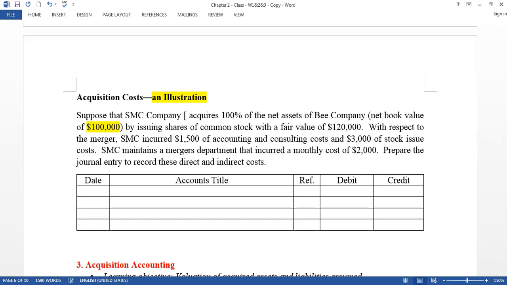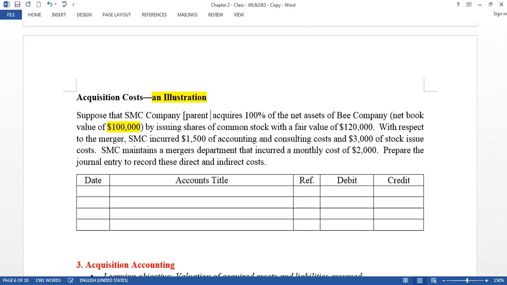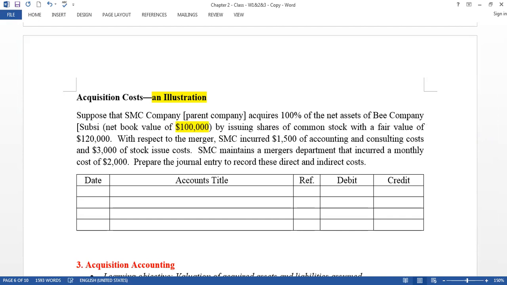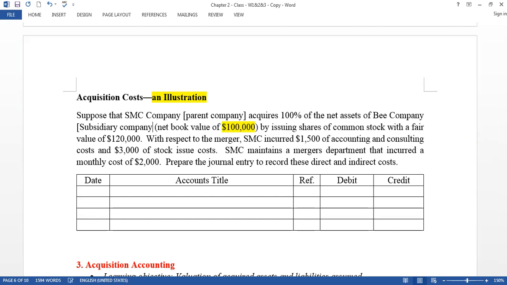I repeat again here, SMC is the parent company, and B company is a subsidiary company. So the subsidiary company's book value is $100,000.